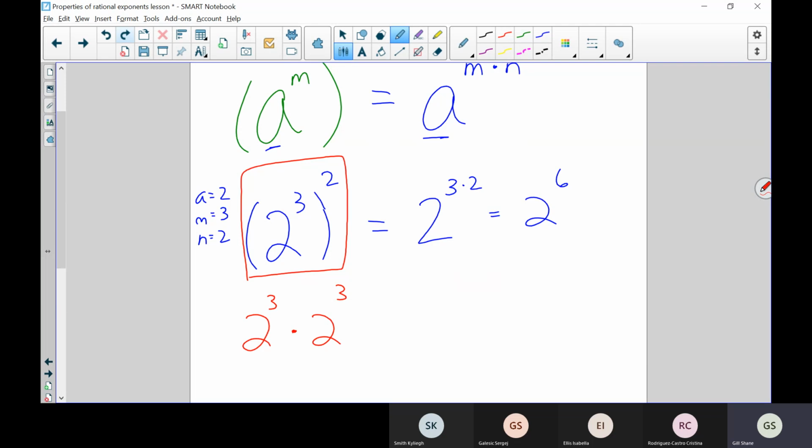Well, that was just 1/2 times 1/2. 2 raised to the 3rd squared is just 2 raised to the 3rd times 2 raised to the 3rd. Well, if you remember, the product rule says if I had the same base, which I do, the 2, I can keep the same base and I can just add the exponents. So I get the same exact answer as I got up above.